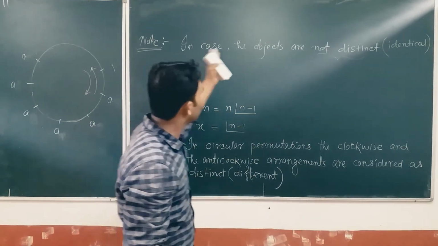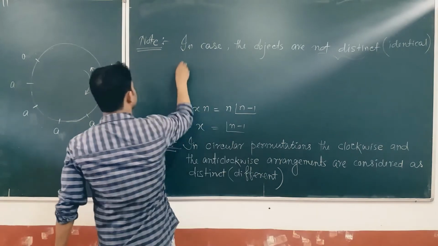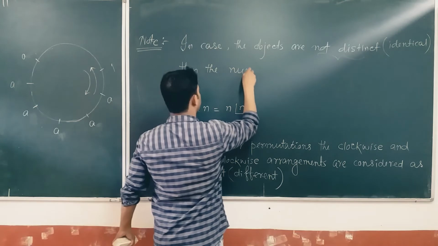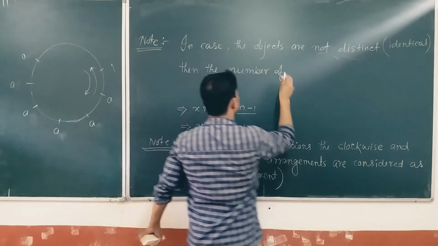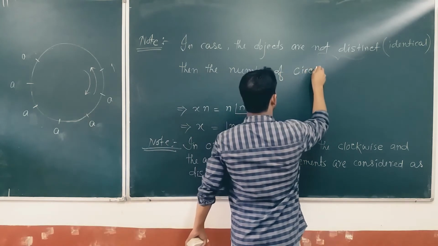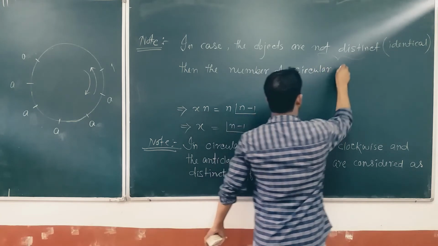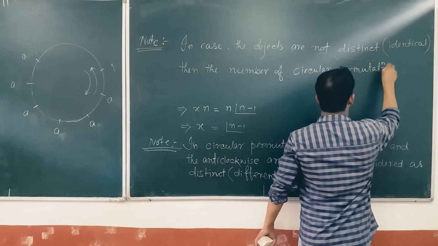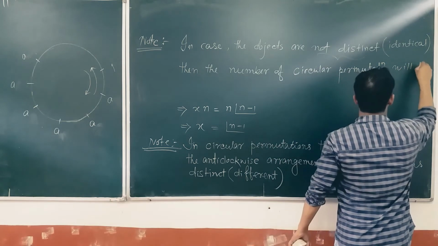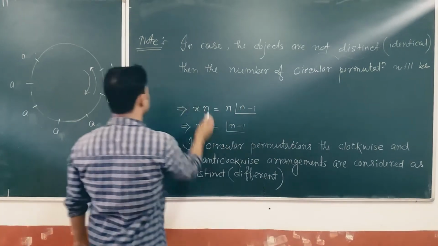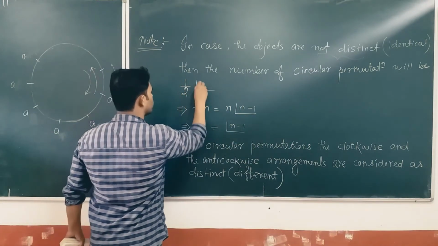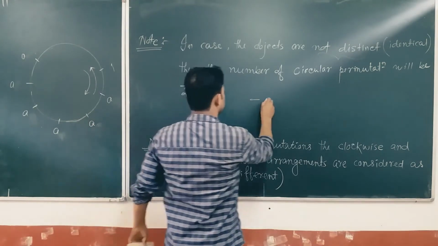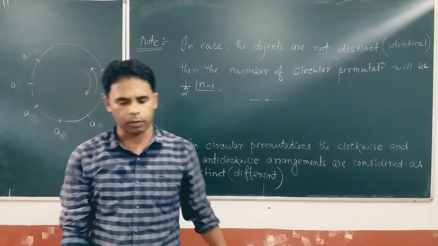So in case the objects are not distinct, then the number of circular permutations will be, how much? It is simply half of the total number of circular permutations.